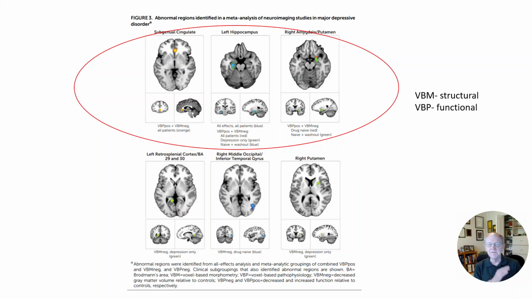So if you're among the people with MDD that the subgenual cingulate is increased in functioning, you're somewhat more likely to respond to an oral antidepressant.